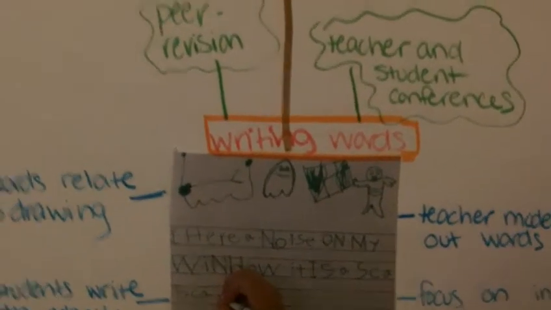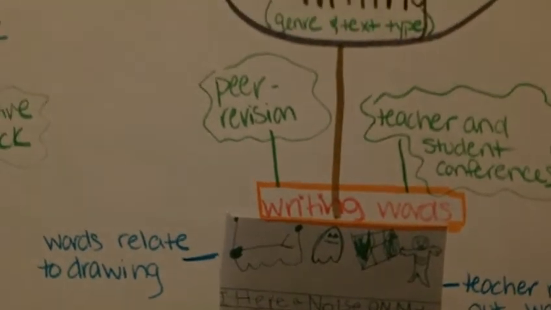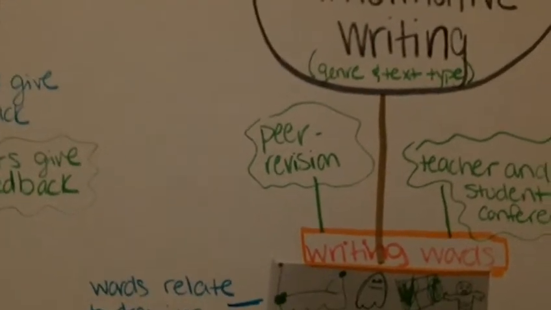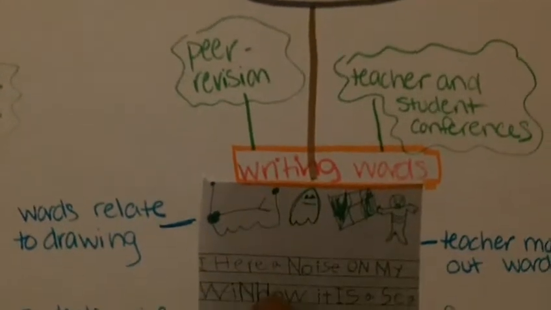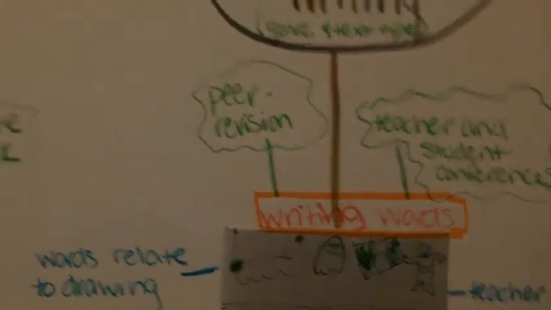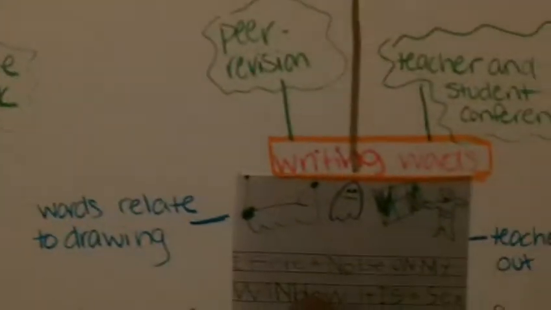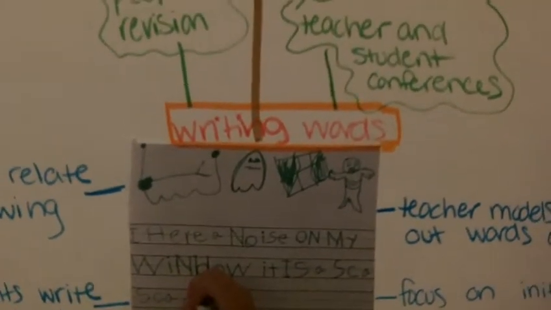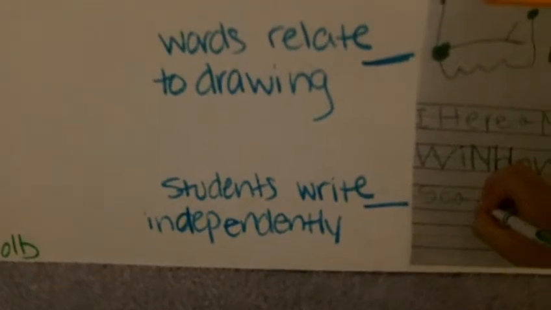It's important also that teachers model concepts of print: how to start at the top of the paper when writing, how to start on the left side, and do the return sweep when you get to the end of a line. After the teacher models the process of sounding out words and writing words that go along with drawings, the students will be released to work independently.